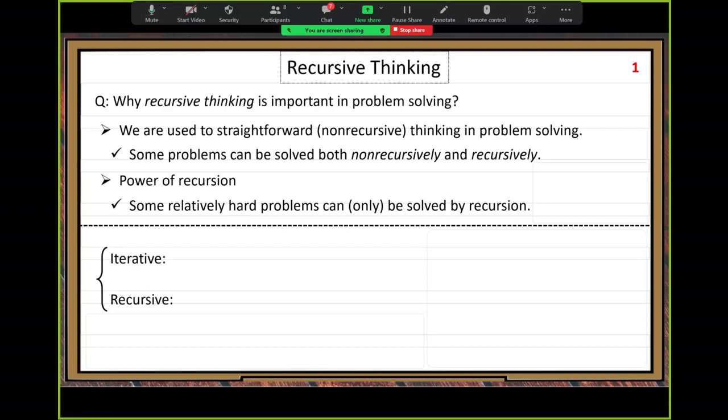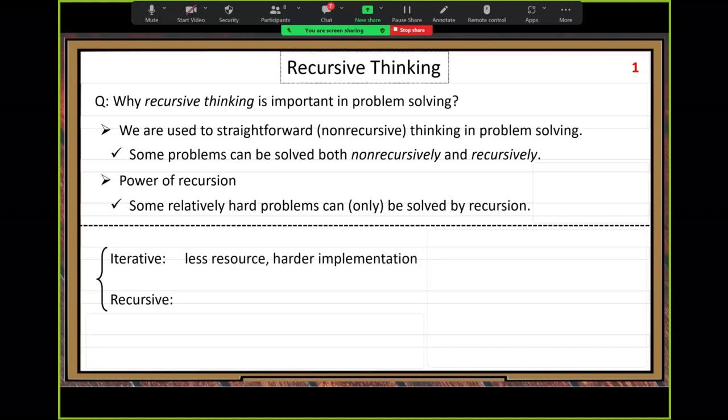So when you see iterative algorithms, that means non-recursive algorithms, and it has its own advantage. The second one, recursive. The biggest advantage of recursive is its power. So powerful.